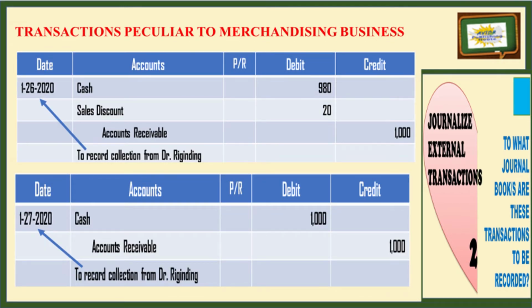Now, how are you going to record the payment of Dr. Reginding in our example? So, you take note of the date of payment. If she pays within the due date, then you have to allow her the discount. If she did not pay on due date, then there will be no discount.